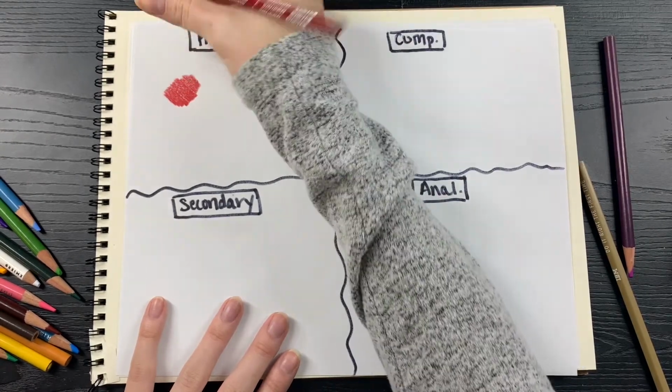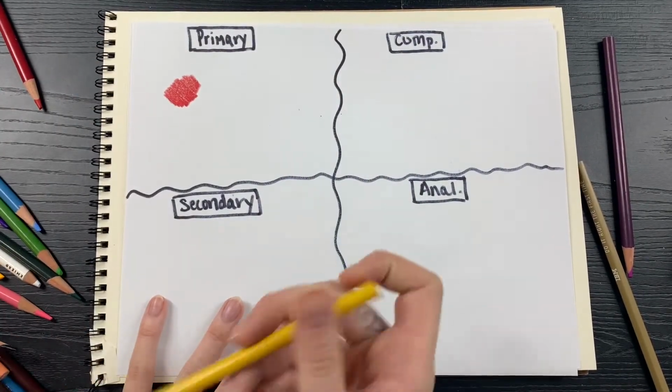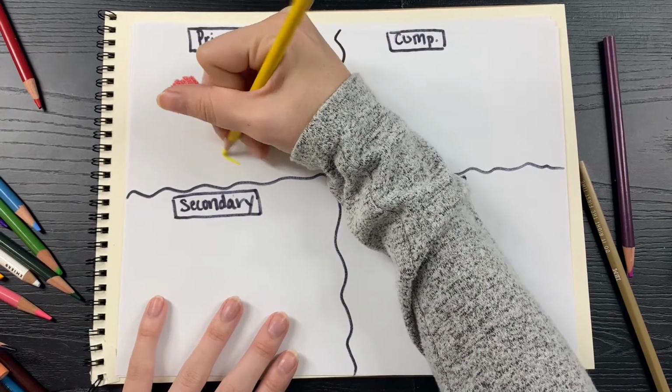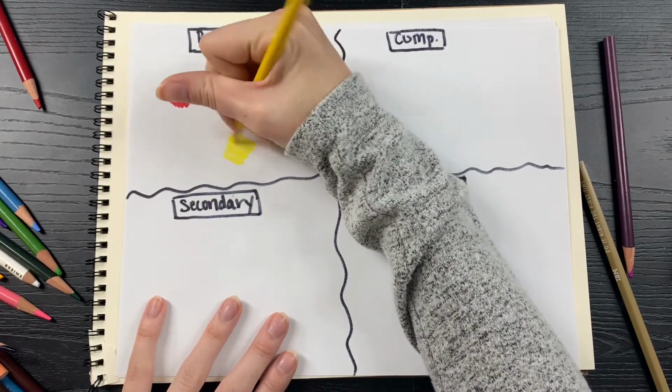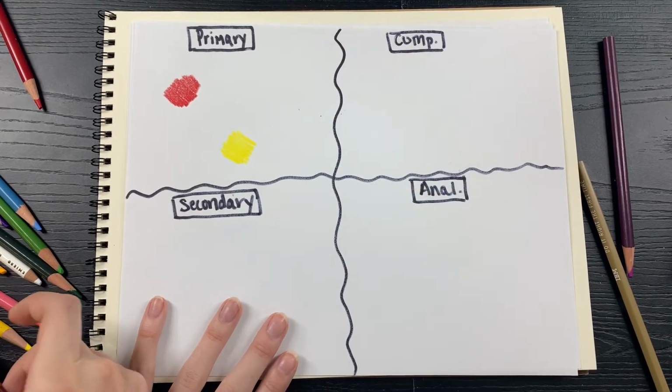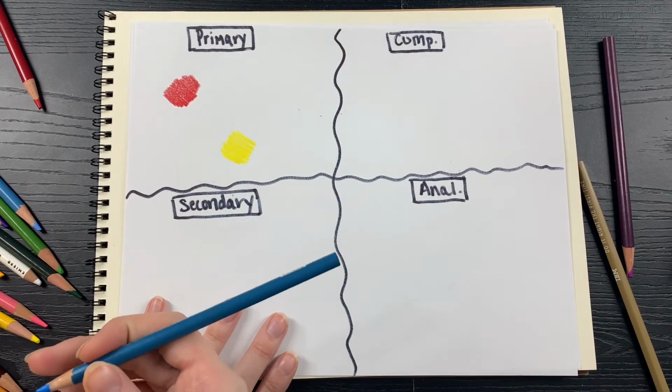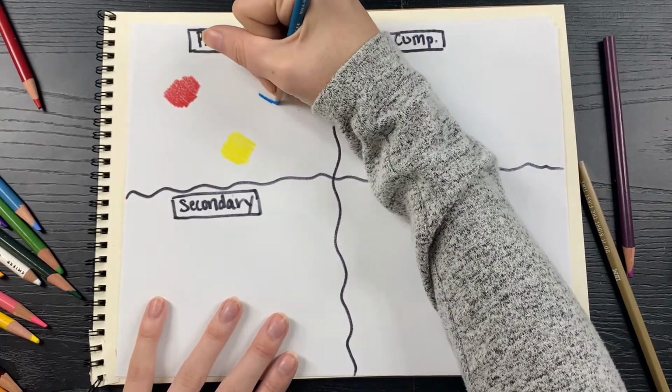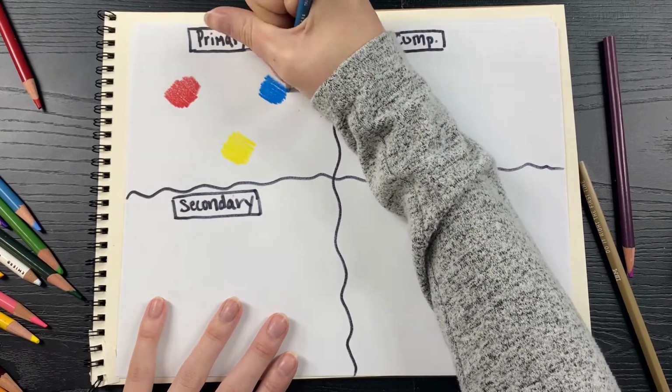So here I am just filling in my primary colors with those that we cannot mix, right? So we can't mix 2 colors to make yellow, we can't mix 2 colors to make red, and we can't mix 2 colors to make blue. We need them out of the bottle. If we're working with paint, we need to buy them. We can't make them.